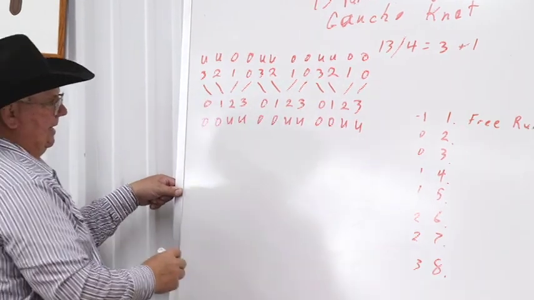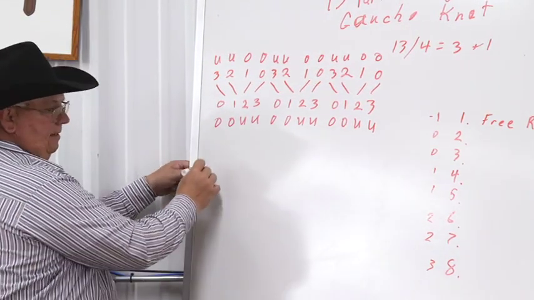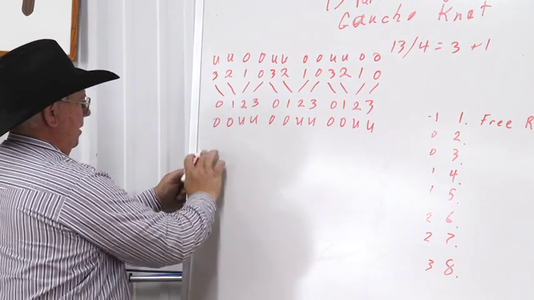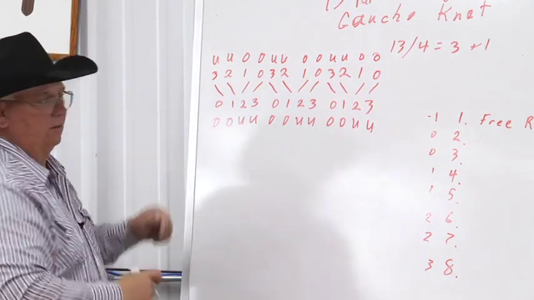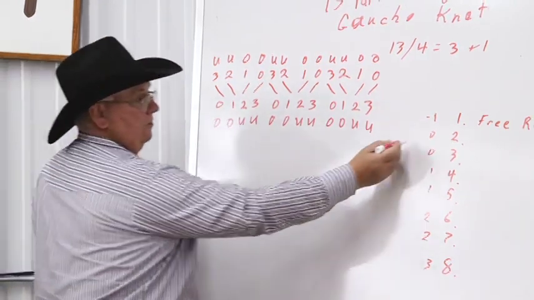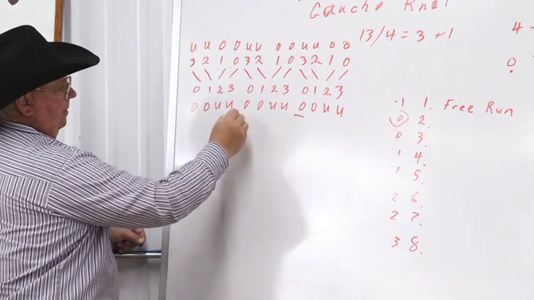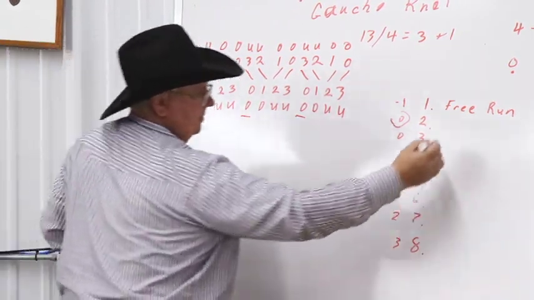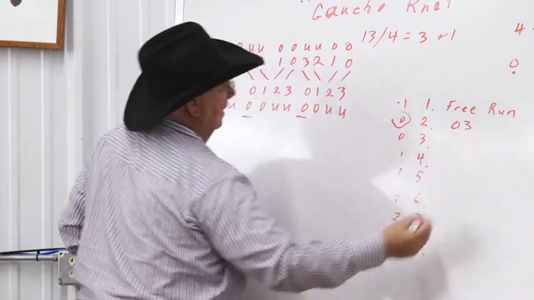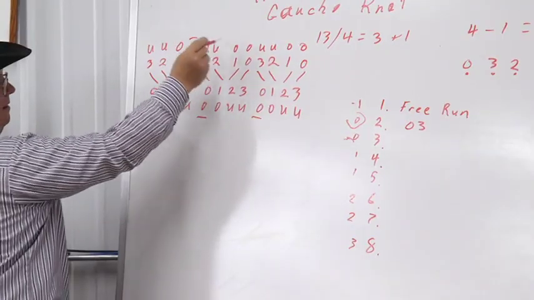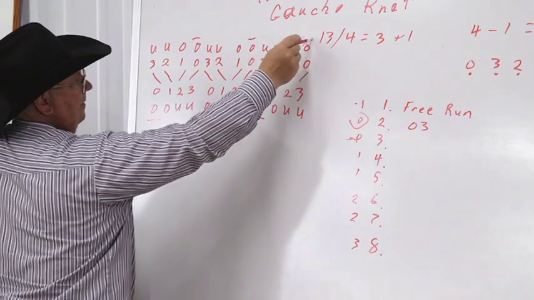So I think your first, now we're looking for 0. It's over 3 times. Now we're looking for 0, and it's there, and there.